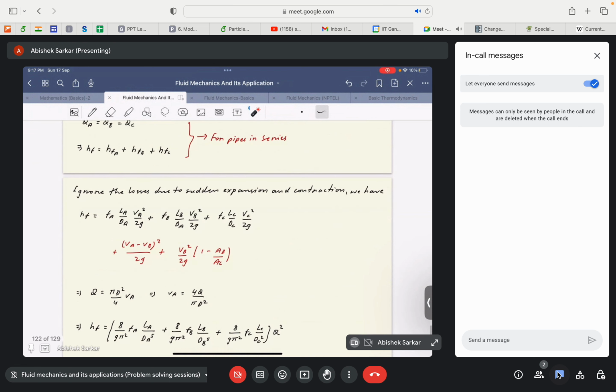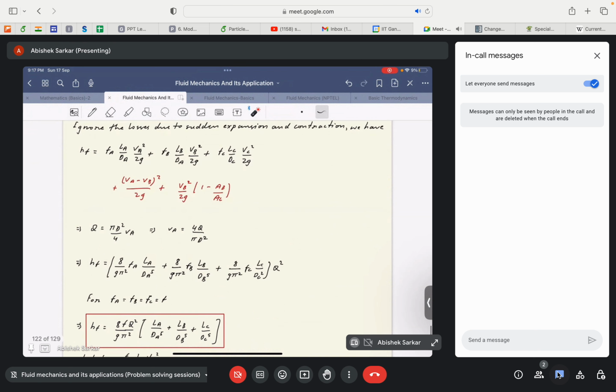Then if we want to remove velocity from this equation, we can represent it in terms of volume flow rate. So we can write HF is equal to this.